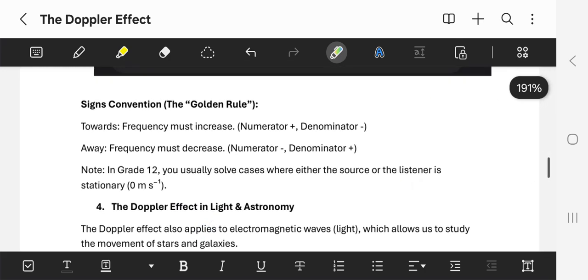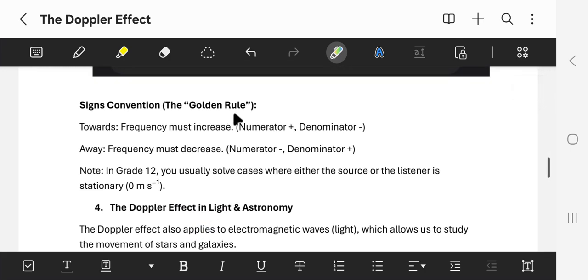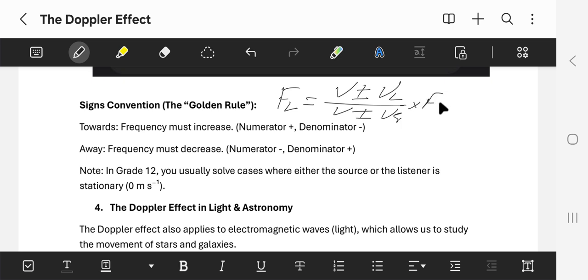Let's talk about a crucial thing here. You see here it's denoted as the golden rule. Very crucial, this thing of the sign conversions. That's what I want us to talk about, because if we look at our formula, guys, you'll realize that our formula is FL is equal to (V plus or minus VL) divided by (V plus or minus Vs), multiplied by Fs.